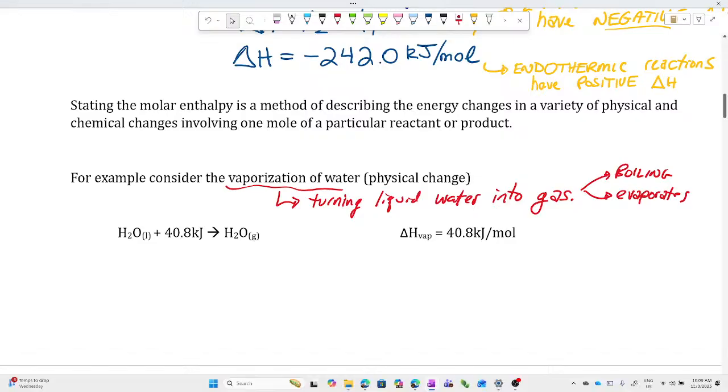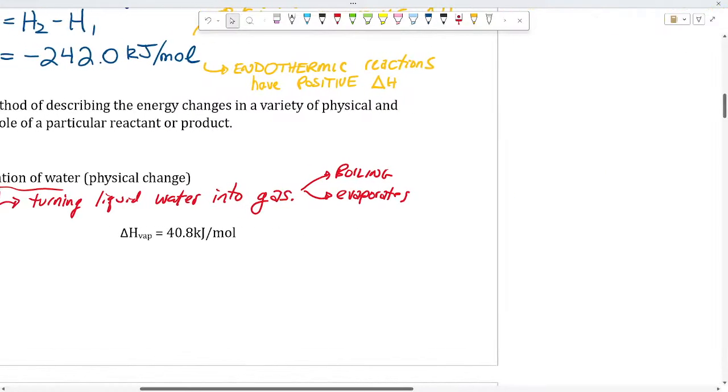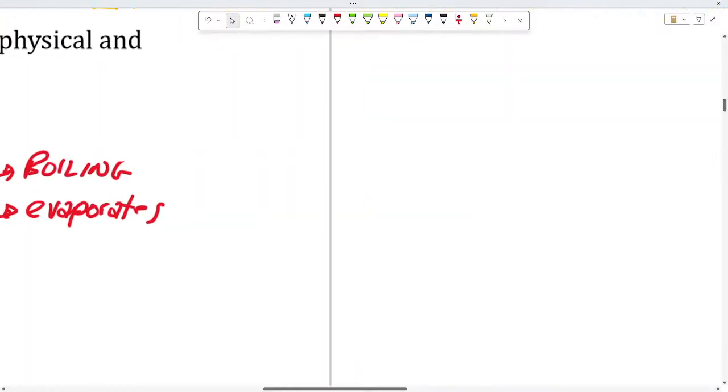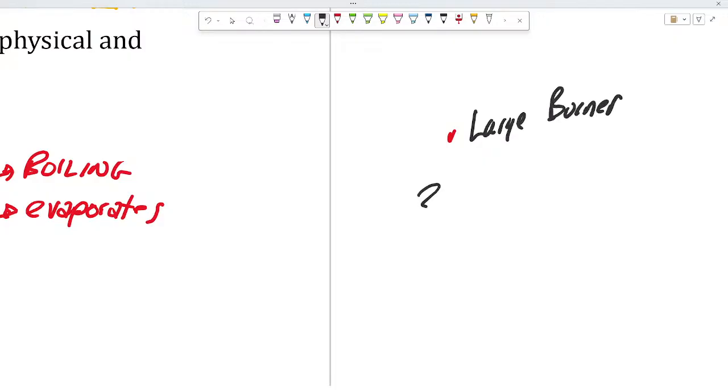Just, does anyone know what a watt is? Back to your grade 9 science. It's a rate. A watt is, so the large burner, we'll call it 3,000 watts if you put it on full. A watt is the same as saying 3,000 joules for every second. Does that make sense?